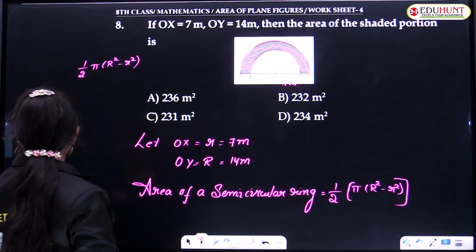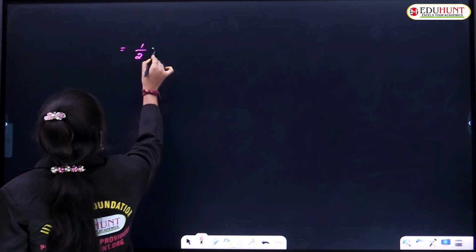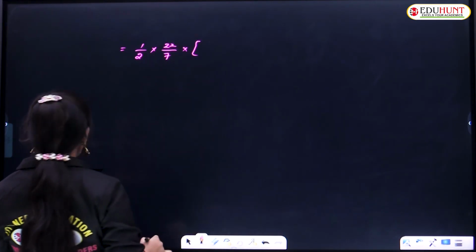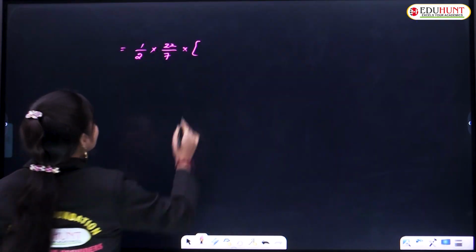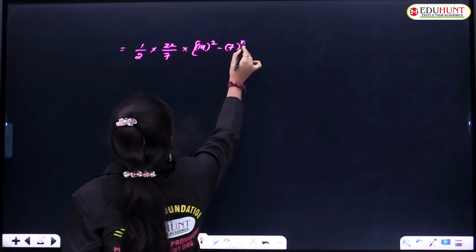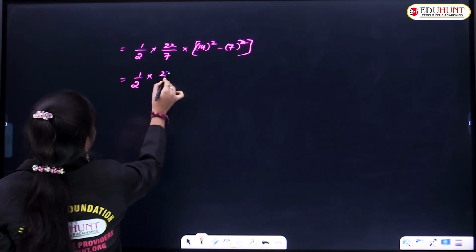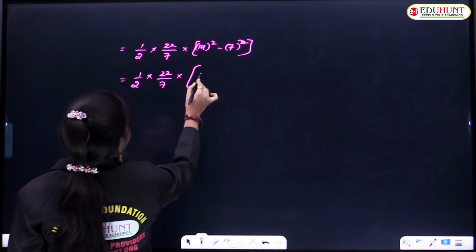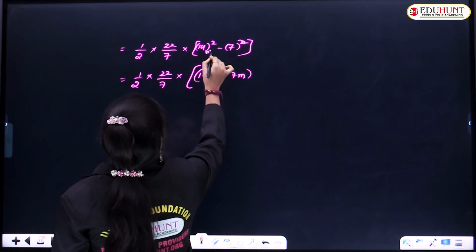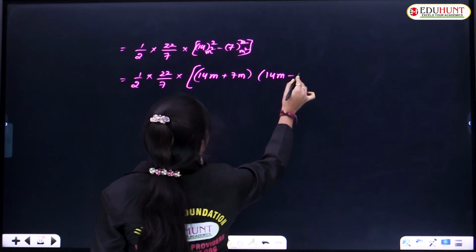See. Area is equal to 1/2 into pi, which is 22/7, into capital R is 14, small r is 7, that is 14 square minus 7 square with units, which is equal to half into 22/7 into, here we can write it as 14 meters plus 7 meters, into 14 meters minus 7 meters.